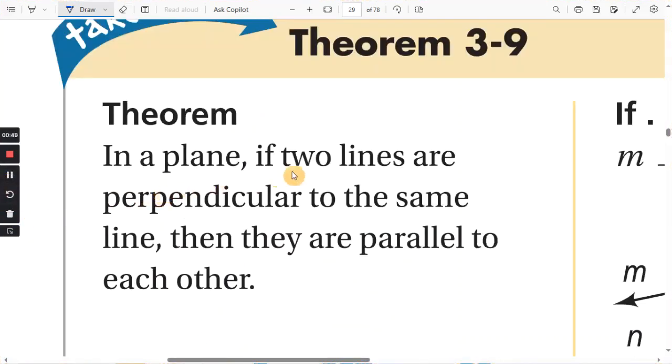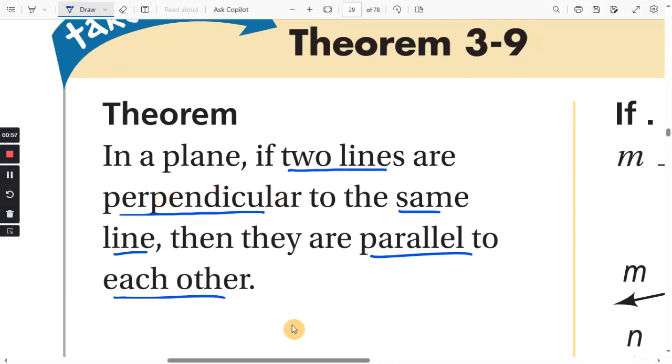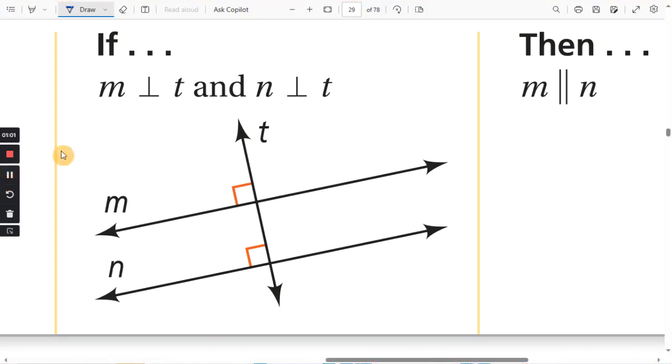All right, next up, if two lines are perpendicular to the same line, then they are parallel to each other. All right, let's take a look at that. So if M is perpendicular to T, this symbol right here means perpendicular.